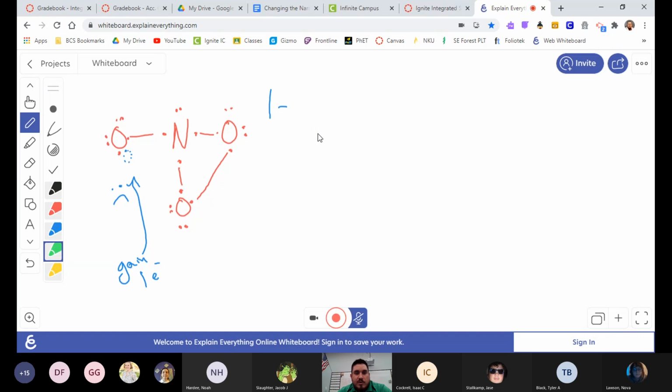Well, I could do the same thing for nitrite, which is NO2. So I can connect these here, and these here, and again, there's nobody left to bond up with this oxygen. So what do I need to do?